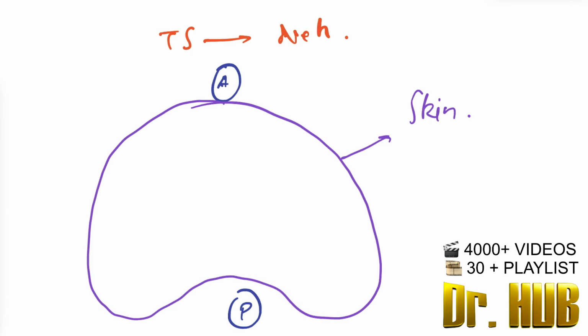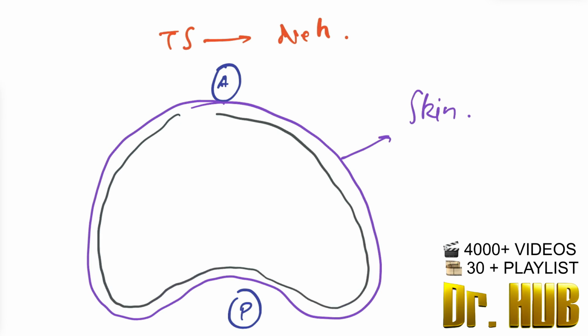Then another inner layer, enclosing a muscle. This will be the trapezius. Writing short forms to accommodate the space.